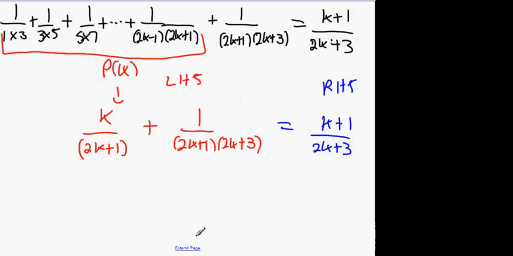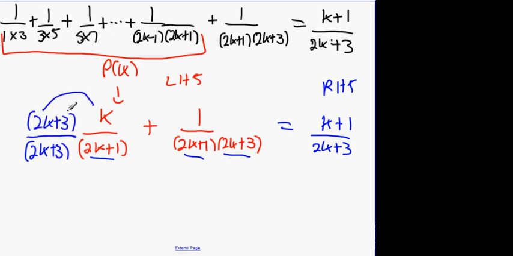And once we've established that, we need a lowest common denominator. 2k plus 1 is there, so we're going to put a 2k plus 3 on the bottom and a 2k plus 3 here. We're going to multiply it out and we're going to get 2k squared plus 3k plus 1 on top.